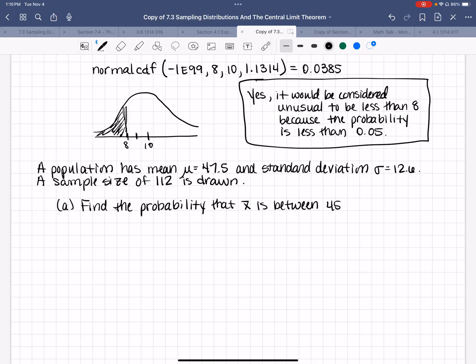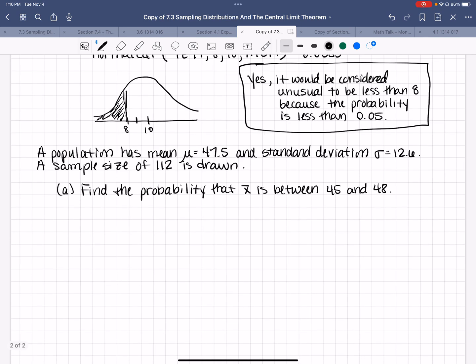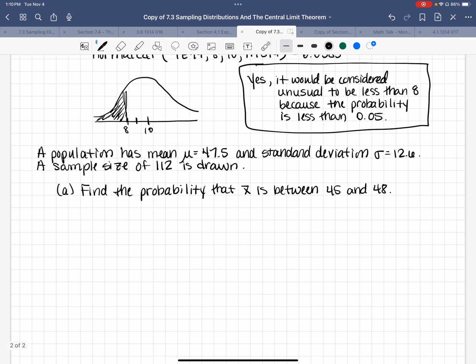45 and 48. Okay, so I of course need the mean of that sample, and then I need the standard deviation also.